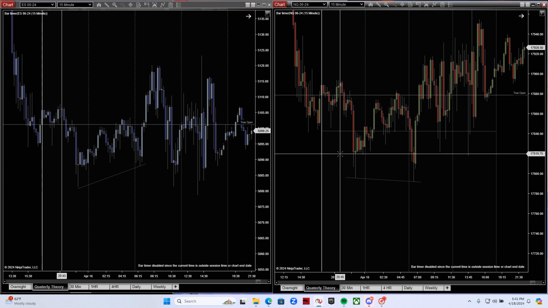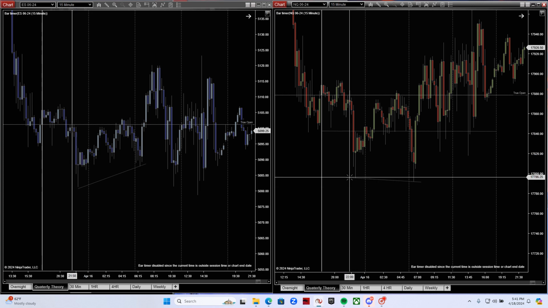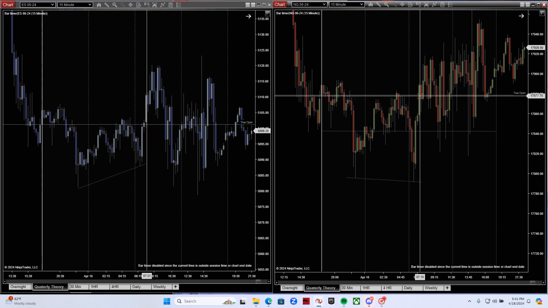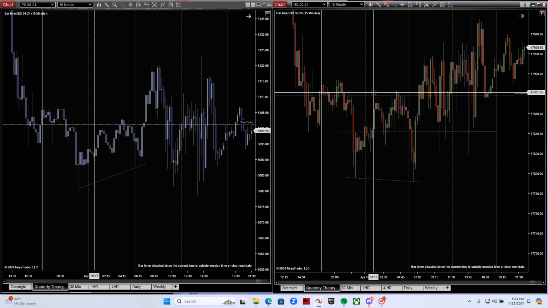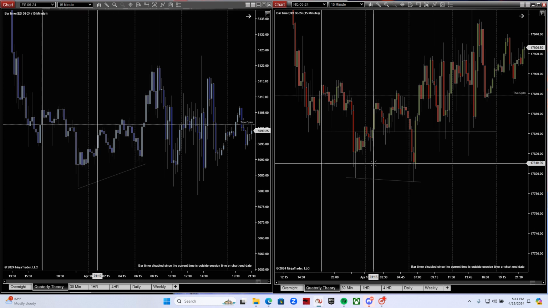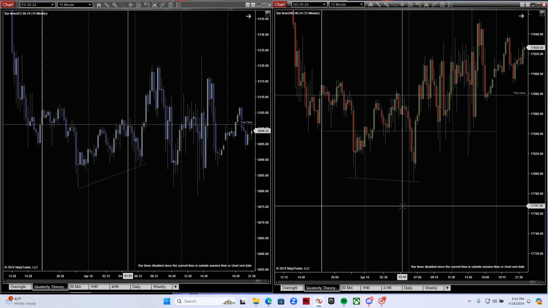And since I wanted to see a bit of a retracement, I was going to look for some type of SMT below the true open and go long. This way we could put in a wick and go a bit higher.